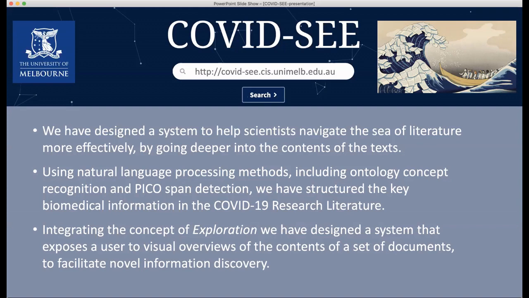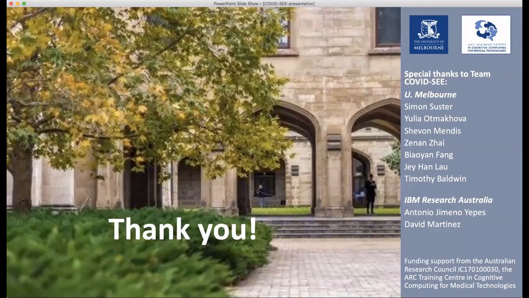And importantly, developing a very visual system that incorporates the notion of exploration, building on all of that text analysis and natural language processing in order to expose the deeper content of the documents and thereby facilitate novel information discovery.